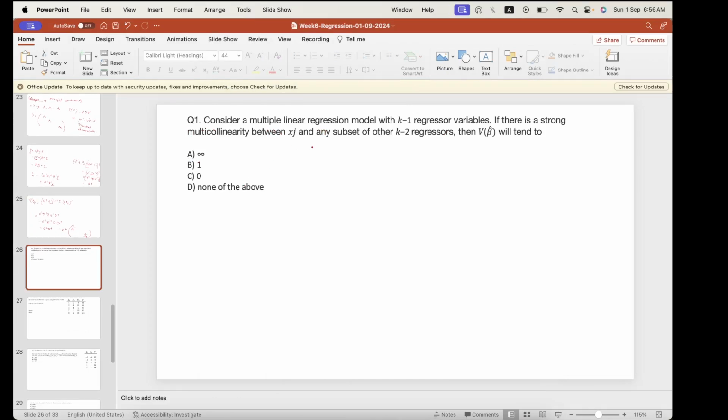Consider a multiple linear regression model with k-1 regressor variables. If there is a strong multicollinearity between Xj and any subset of the other k-2 regressors, variance of beta hat will tend to how much? So variance of beta hat is sigma square by 1 minus Rj square.